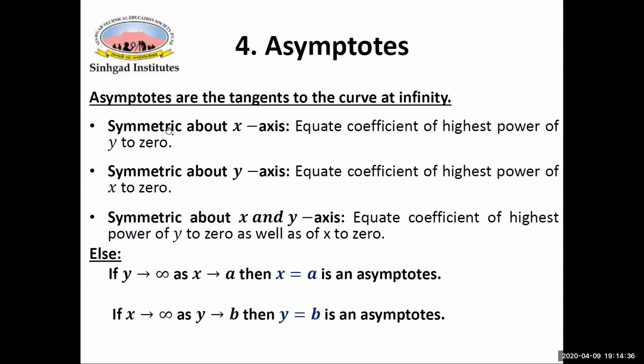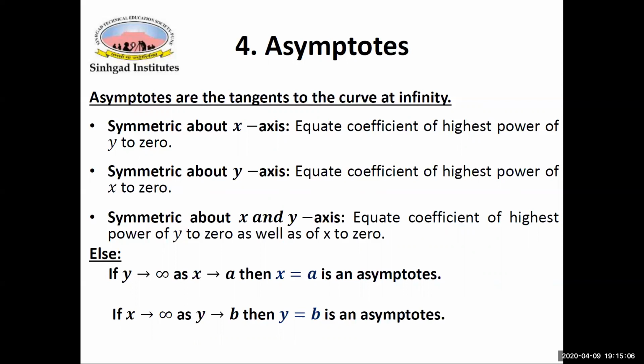First way: if your curve is symmetric to the x-axis, equate the coefficient of the highest power of y to 0, the opposite variable. If it is symmetric to the y-axis, equate the coefficient of the highest power of x to 0. See the difference. Here we are equating the coefficient to 0, while in finding the tangent at the origin, we equate the lowest degree term to 0.